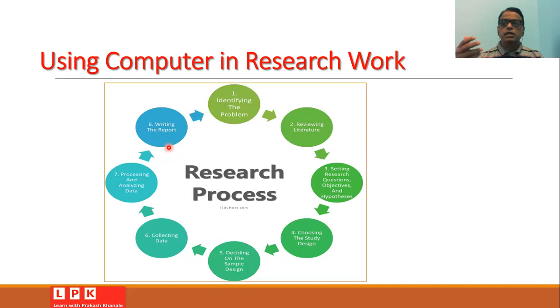Whenever you want to present your research to other people, there also you can make use of your computer system. So whether it is writing a synopsis, a final synopsis, or a pre-PhD viva, at every stage you need to make use of a computer system, and therefore it is very essential for you to understand what a computer system is and what its different abilities are.